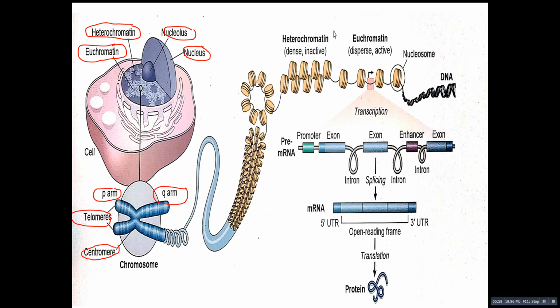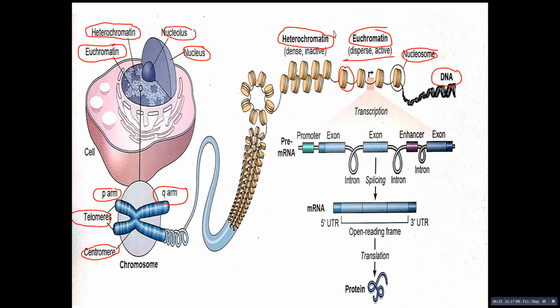These are actually histone cores around which the DNA is wound. Such an organization of a histone and DNA is called a nucleosome. Multiple such nucleosomes, when they are dispersed and active, form euchromatin, whereas multiple such nucleosomes, when they are inactive and densely packed, form the heterochromatin.